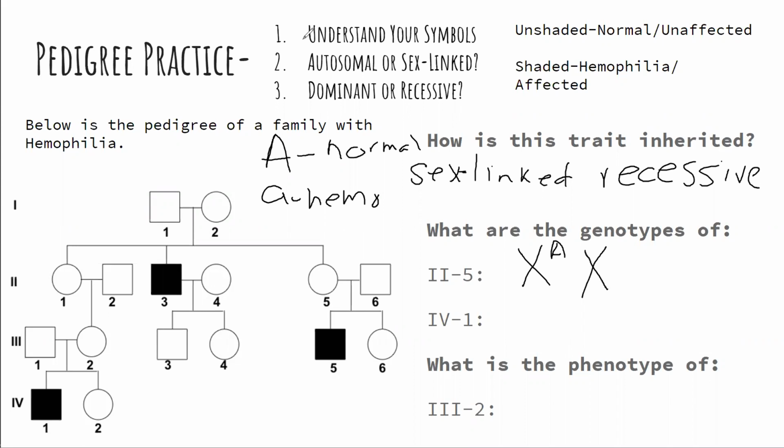So she must be a carrier. So it would be a lowercase a. So remember I said in the beginning that not all pedigrees showed carriers as shaded half in.